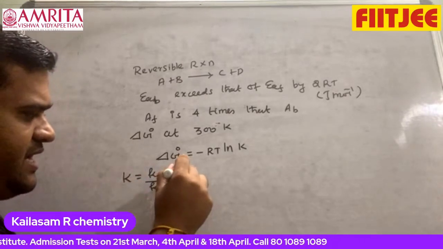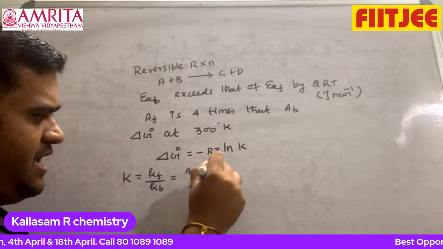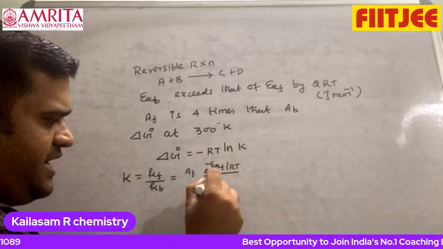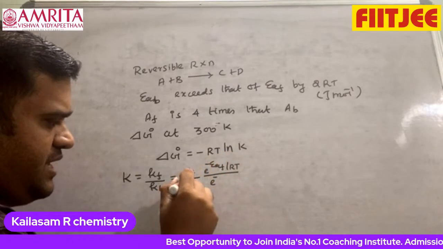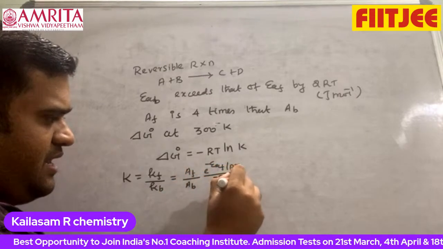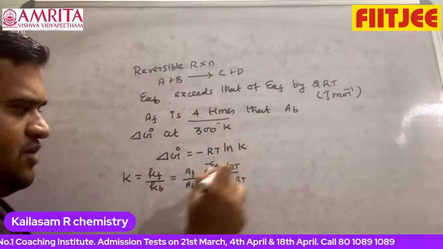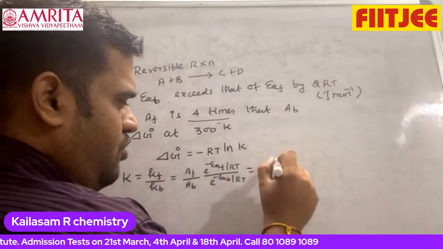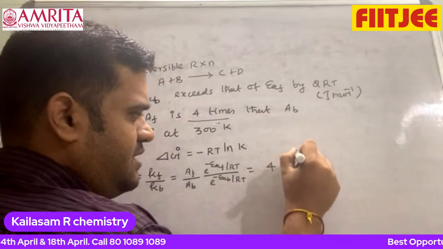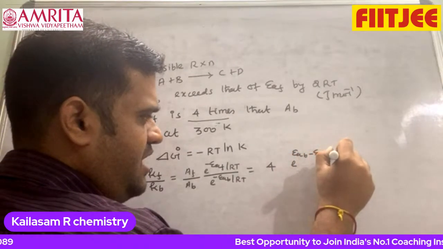KF is AF e to the power minus EAF by RT, and KB is AB e to the power minus EAB by RT. Therefore AF by AB is 4 times, so I can write 4 e to the power EAB minus EAF by RT.